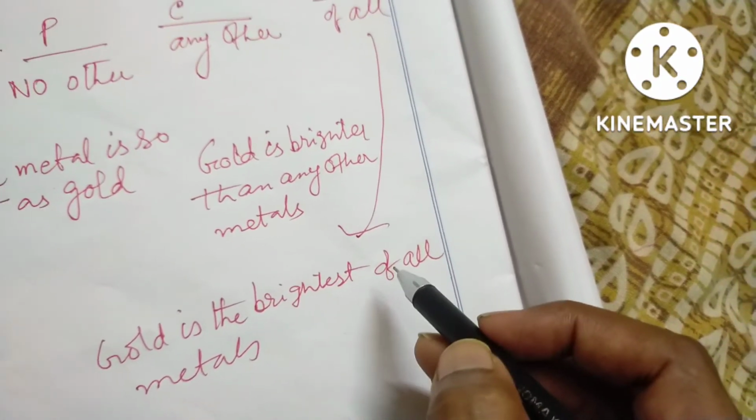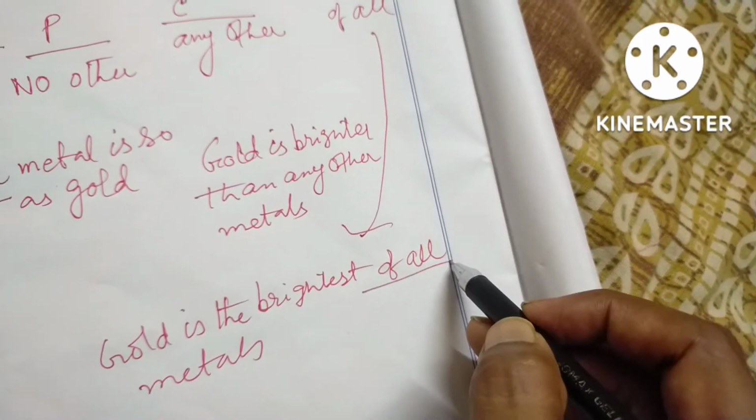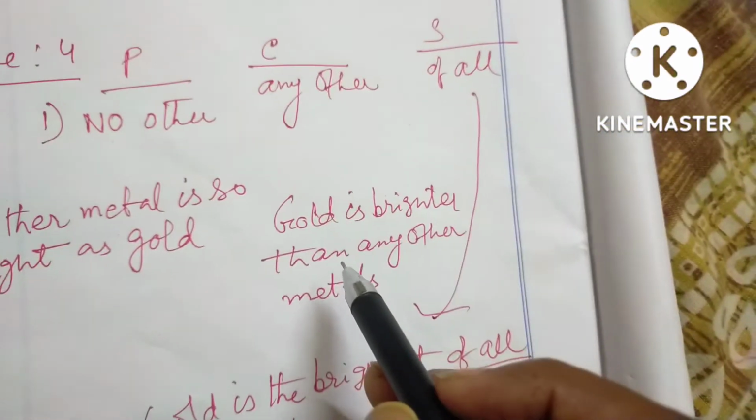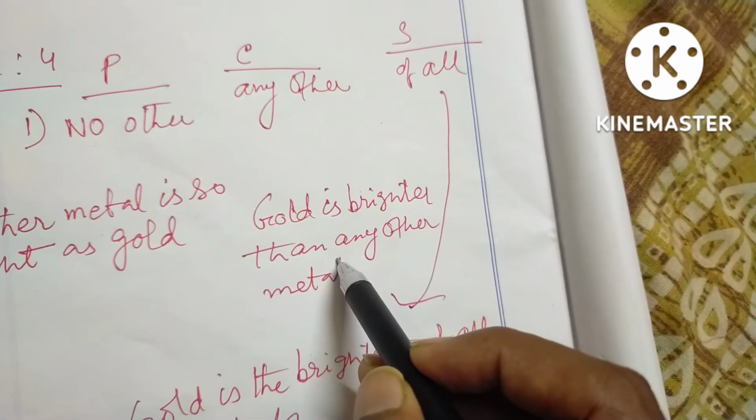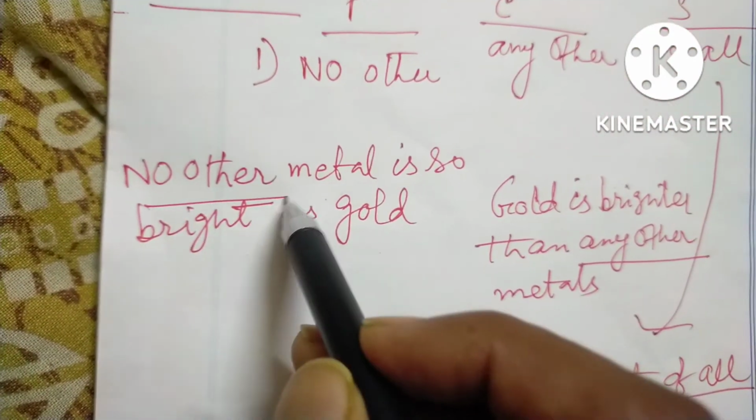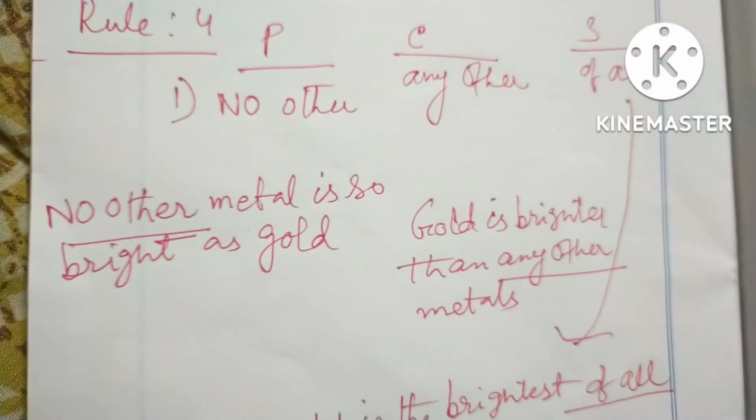So look at the form of all, and in the case of the comparative, any other, and in the case of the positive, no other. This is very important.